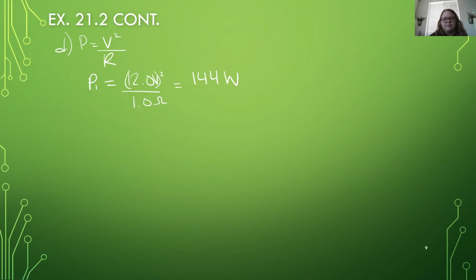Okay, P2 is going to be 12 volts squared over our resistance, which was 6 ohms, and that gives me 24 watts.